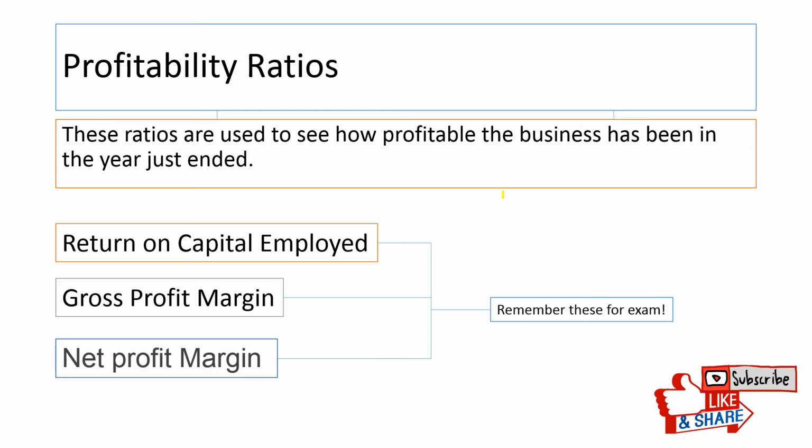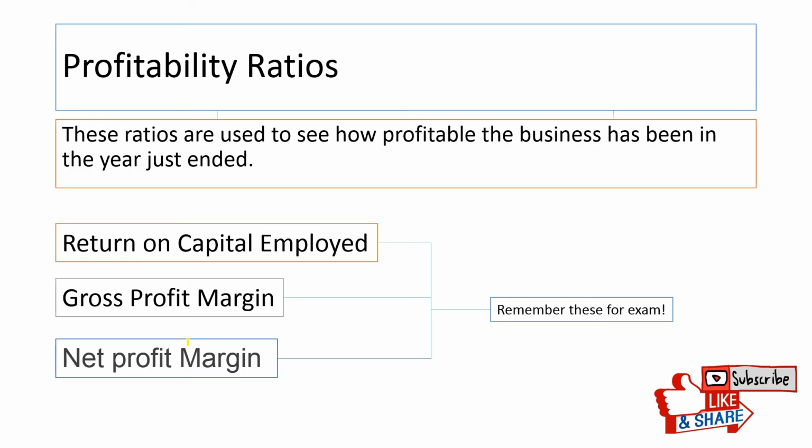Profitability ratios are used to see how profitable the business has been in the year that's just gone past. So the profitability ratio shows how well a business did last year, because it has all the information in there.